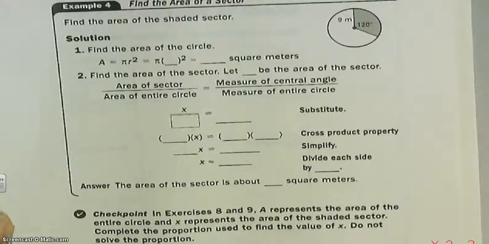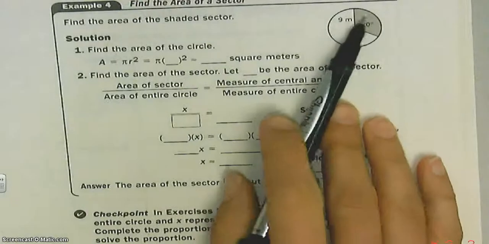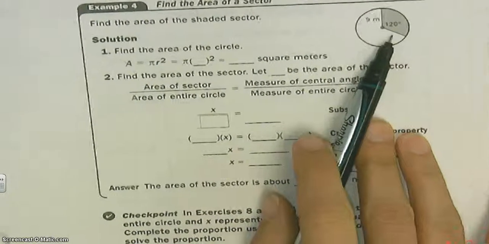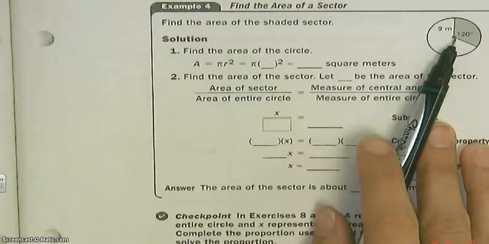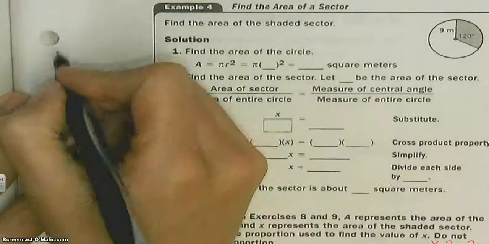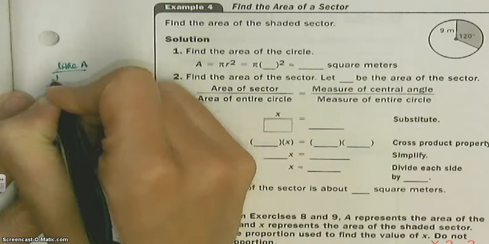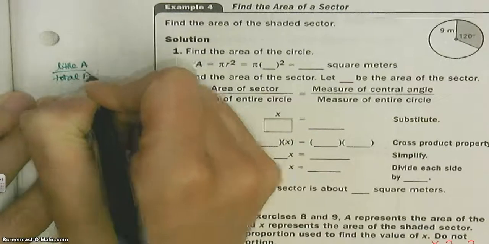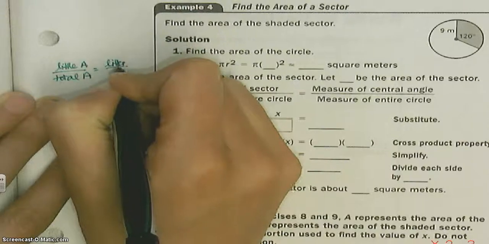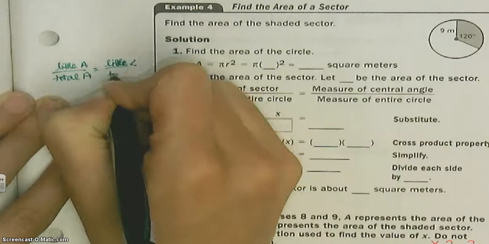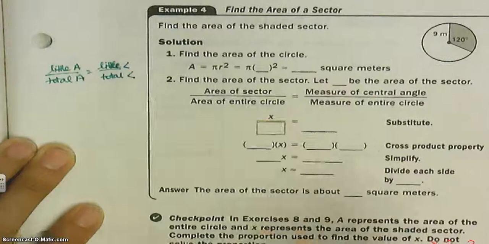Now here they want me to find part of the area of the circle, just this part. So to do this, I'm going to write a proportion, right? And I kind of want you to think of this as little area over total area equals little angle over total angle. So what's our little area? Well, we don't know.